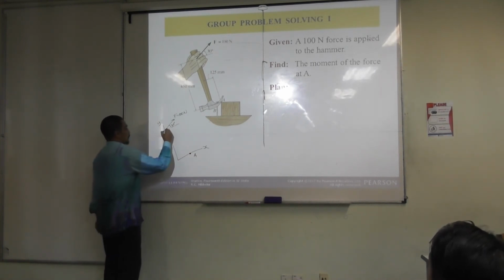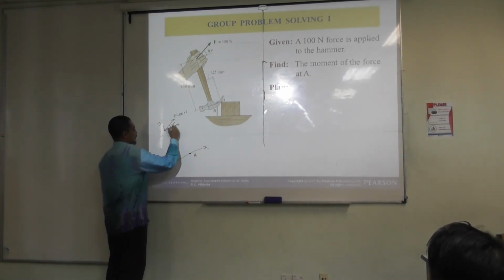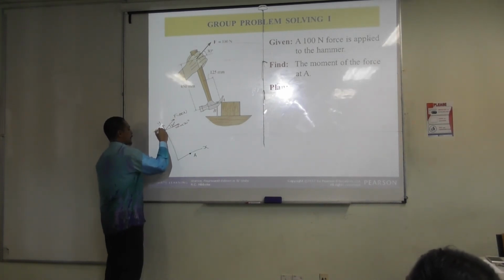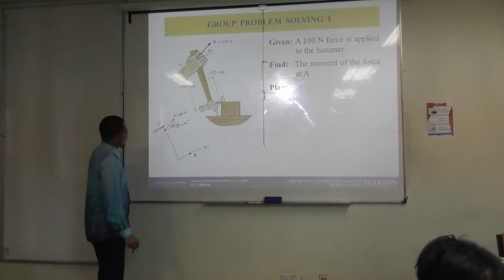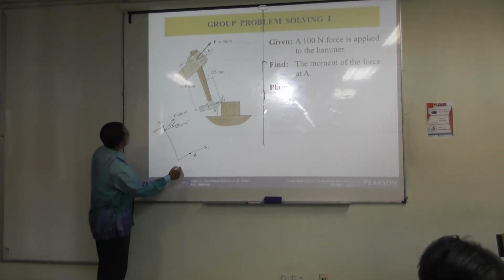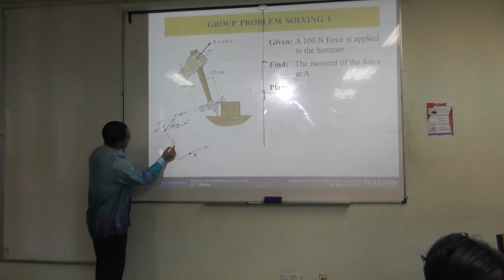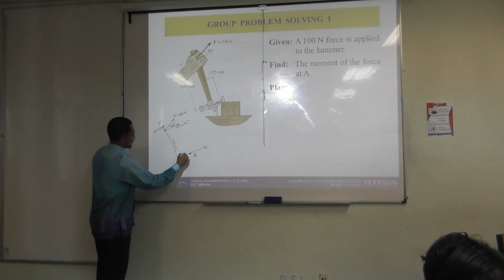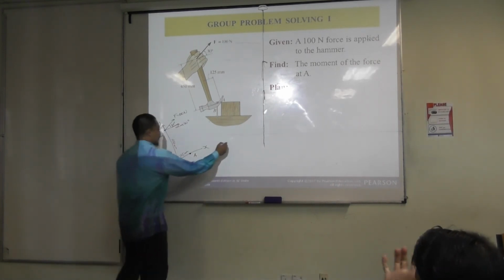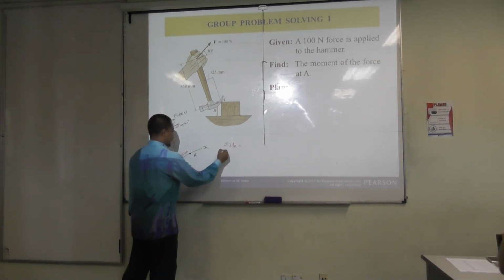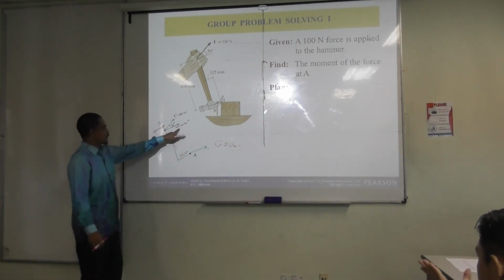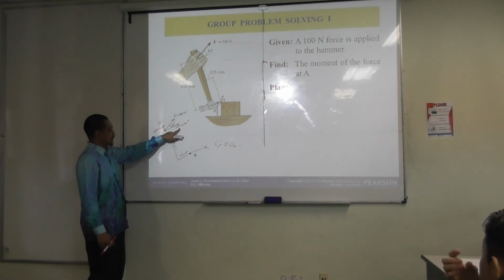So what do you do? Find the force in x. First, we get the components, x and y. This one will be 100 cos 30, 100 sin 30. Now, what is the distance? This is 450 mm, and this one is 125. If I do summation of moment about point A, taking counterclockwise as positive, for this 100 cos 30, is it positive or negative?